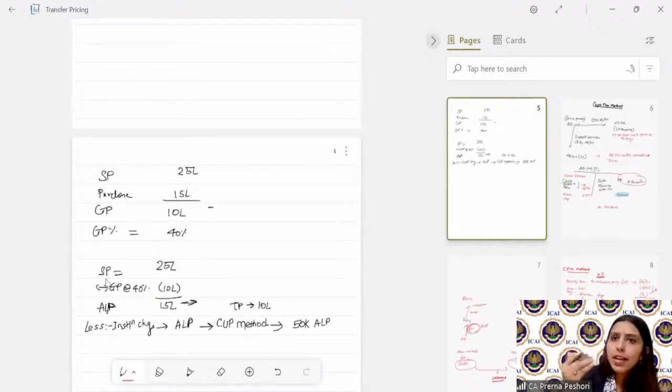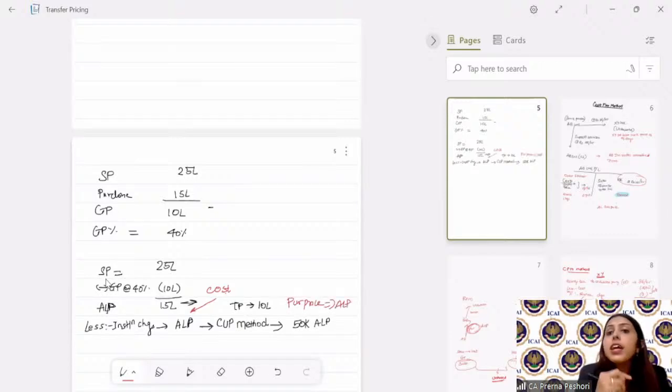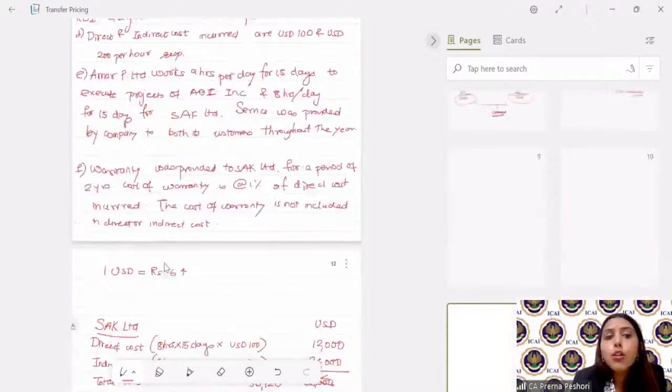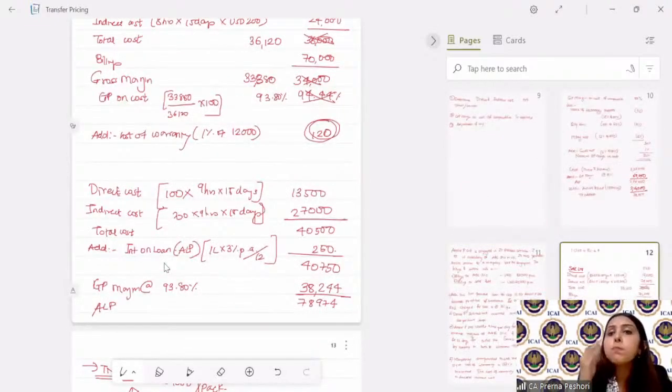From the selling price, we first come to the cost, and from this cost we reduce the installation charges to come to the purchase price, which is my ALP. Because here we are applying the RPM method, which is sale minus gross profit margin, which will give me the total cost. Whereas in this Amar Limited example, we are following the cost plus method.